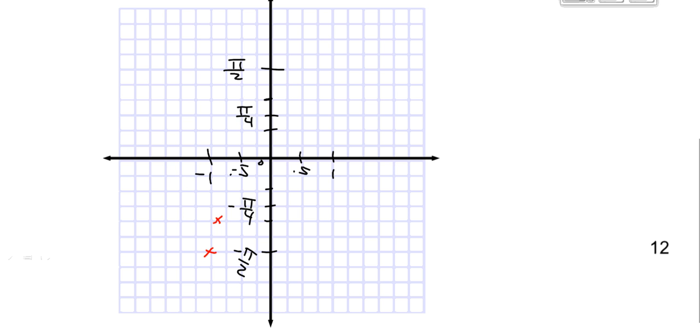What's our next decimal? Negative 0.7. So there's a half. That's 0.75, right? So it's going to be close to that. Where am I then? Negative pi over 4. I'm just going to put it on that one. That's pretty close. At negative a half, I'm what? Negative pi over 6. At 0, I'm 0.